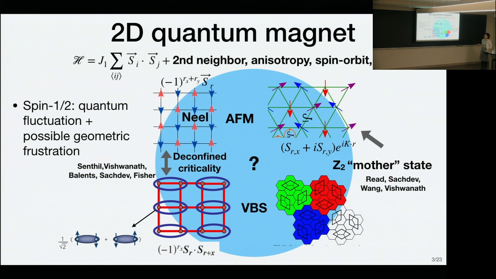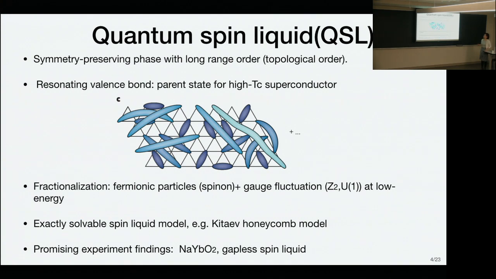Say on triangular lattice, we have this 120-degree order state, and also these valence bond solid states with an enlarged unit cell containing 12 sites. And it's found that this 120-degree order state has a Z2 mother state. The meaning we'll talk about in detail later.